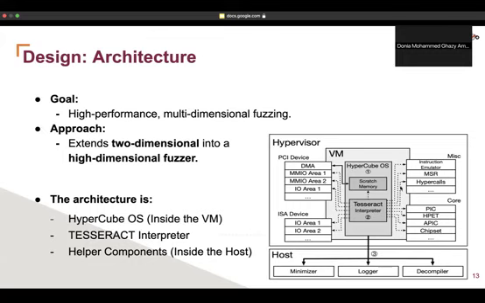As you can see in the diagram on the right, it has three main components. Inside the VM, we have two components: the Hypercube OS and the Tesseract interpreter. The OS is a minimalist OS that executes test cases efficiently, and it has a scratch memory store to store temporary fuzzing results. It's also used to enumerate all available core interfaces such as MMIO, IO, DMA, hypercalls, and so forth.